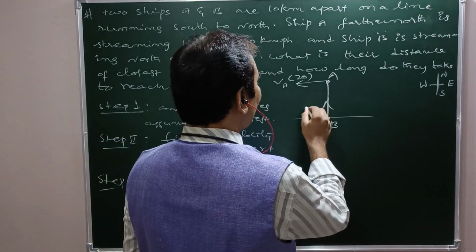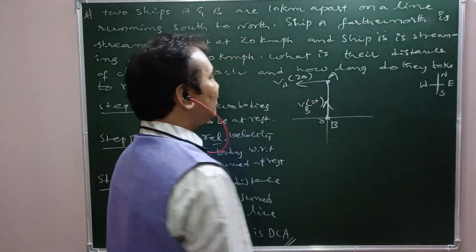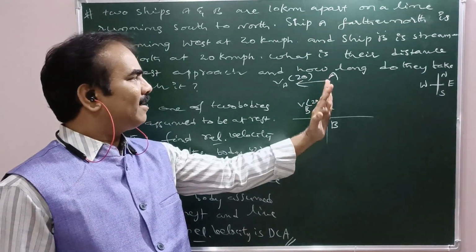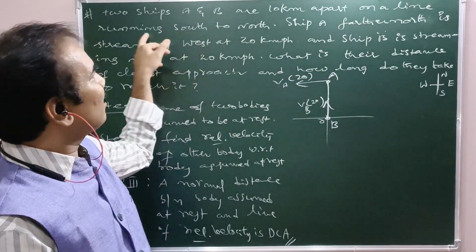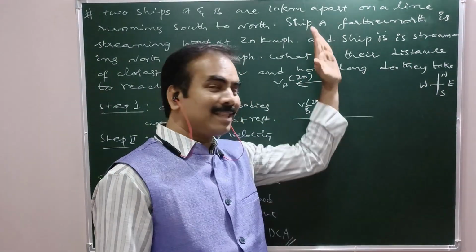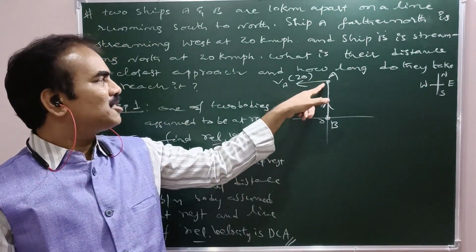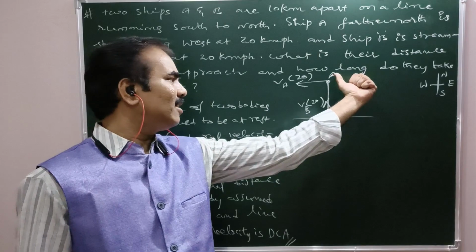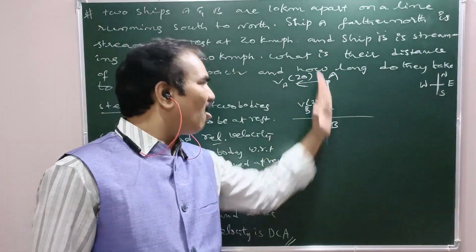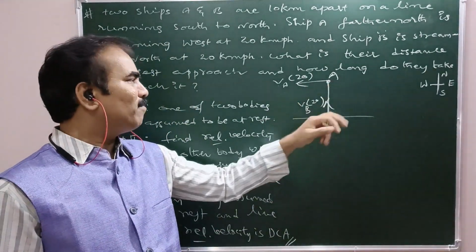So this is VB, and VB is also 20 km/h. So ships A and B are lying on the same line, running south to north. Both are on the same line, but A is farther north and steaming west at 20 km/h, and B is going north at 20 km/h. So these are the velocities for ship A and ship B.